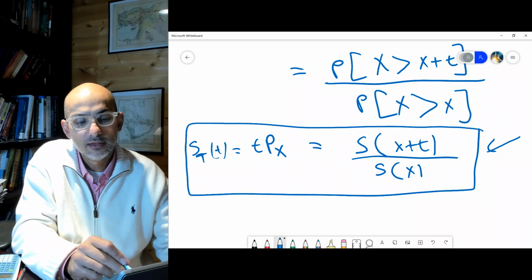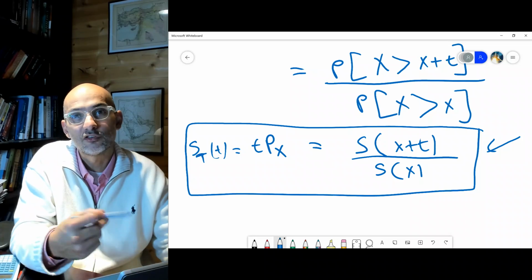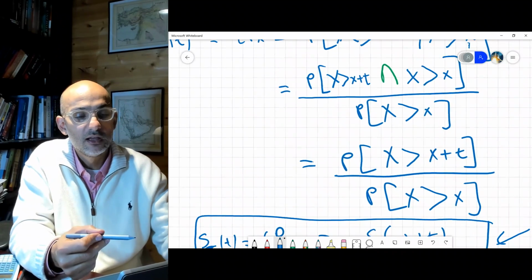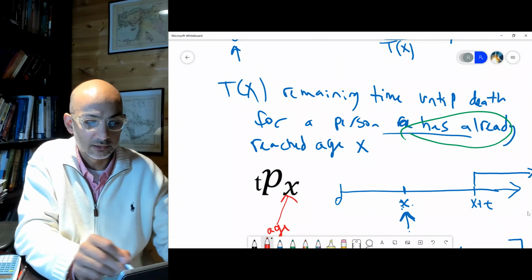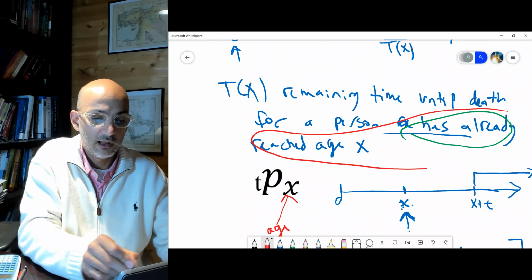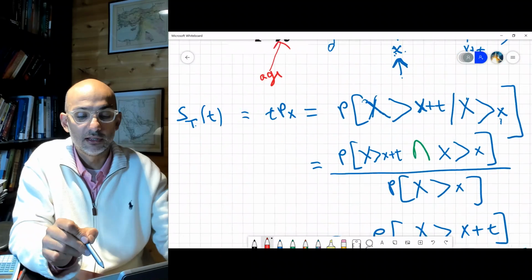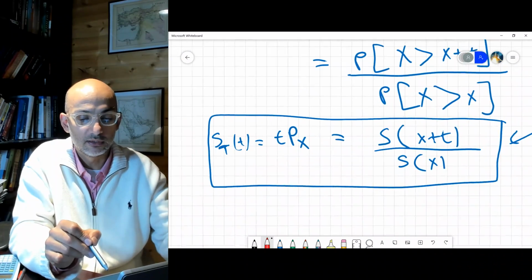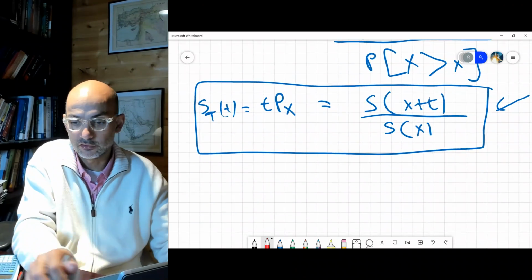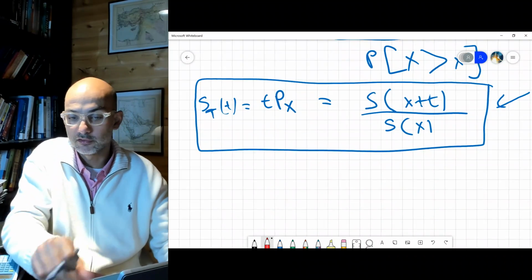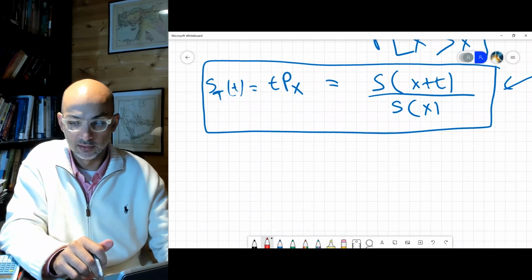The only thing here is we divide by S of x because it's conditional. Why is it conditional? Because T of x, the remaining lifetime, is conditional here, and we have to factor it in the denominator. It's a typical conditional probability, right? So everything we do is the same, but we divide by S of x. This is straightforward. There is nothing difficult about it.